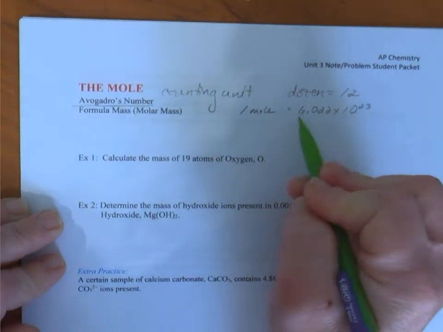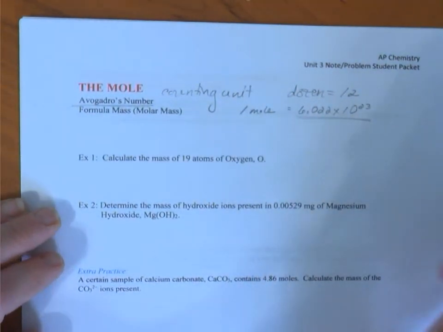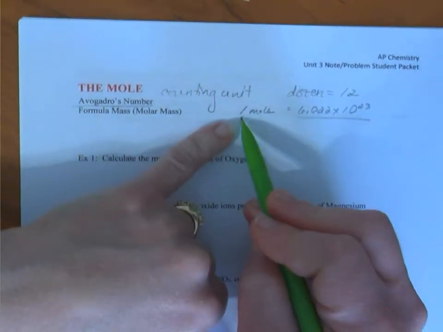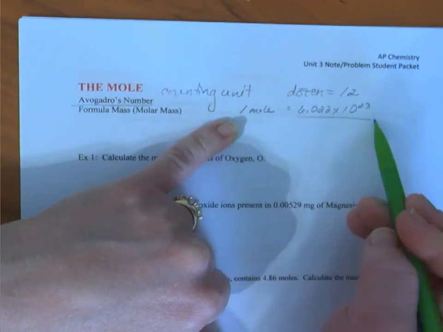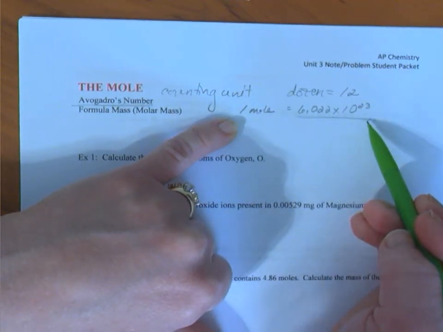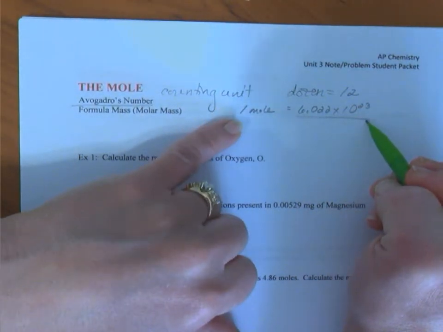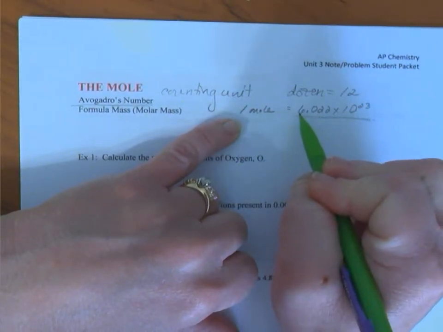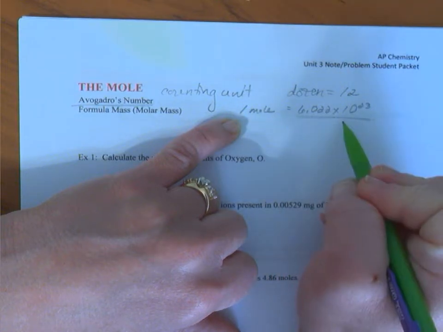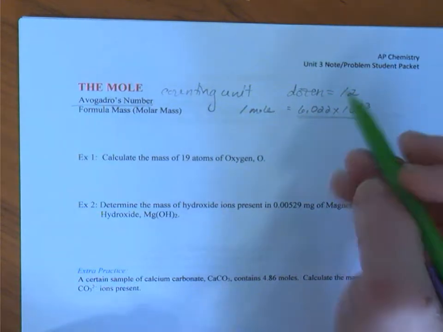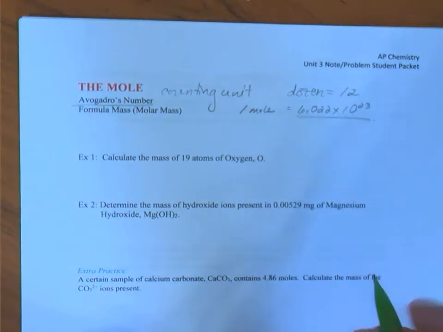But this is a crazy big number. Remember in honors chem, we would do thought experiments, like a mole of marshmallows would cover the surface of the earth to a depth of, I'm not sure what it is, a mile or something like that, or 1.5 kilometers. But we need a crazy number of them to be able to work practically in laboratory situations because of the size of the atom.